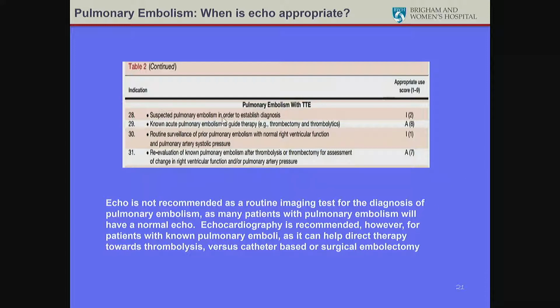However, if you look at known acute pulmonary embolism to guide therapy, i.e. thrombectomy and thrombolytics, echocardiography gets an appropriate score of 8. It also gets an appropriate score of 7 for reevaluation of known pulmonary embolism after thrombolysis or thrombectomy for assessment of change in right ventricular function and/or pulmonary artery pressure.